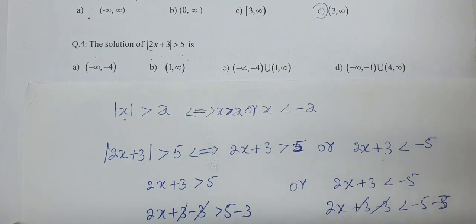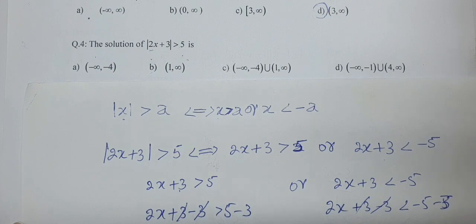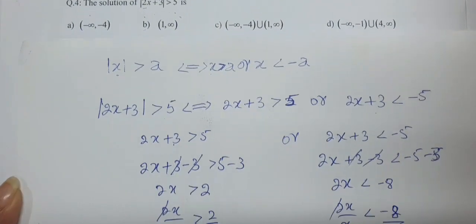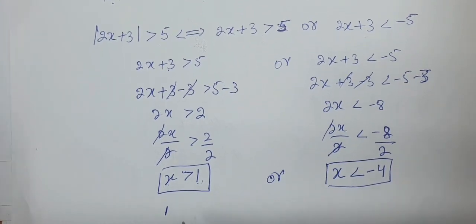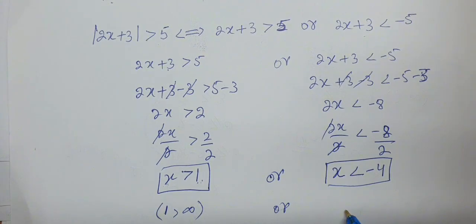In interval form, from here we can say that x is greater than 1, so 1 is our lower bound and it goes up to infinity, or x is less than negative 4. This means negative 4 is the upper bound and the interval goes to negative infinity.